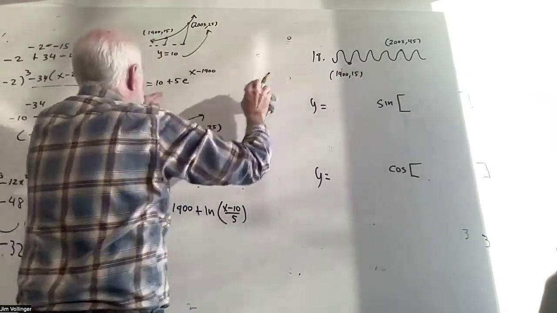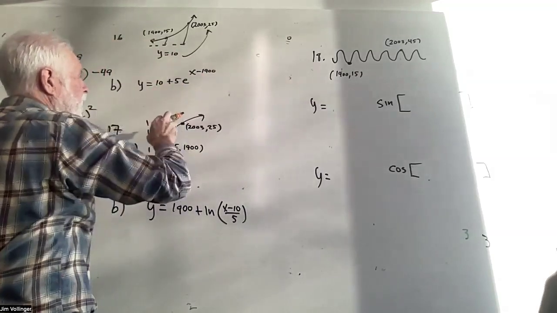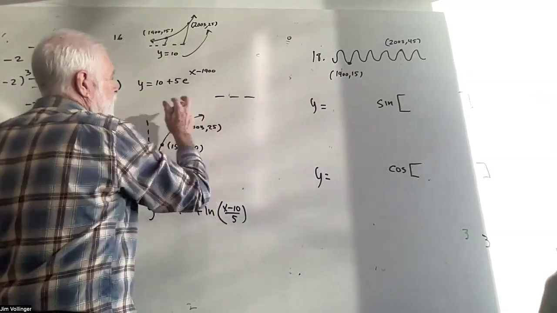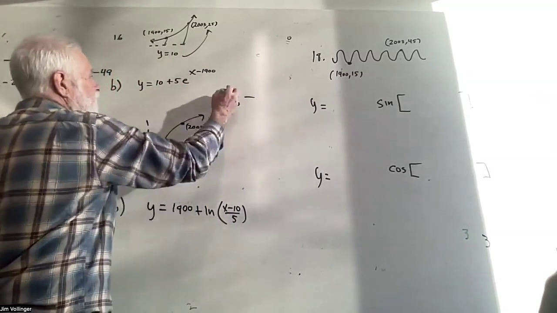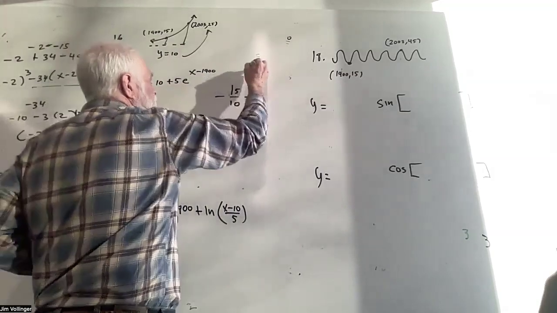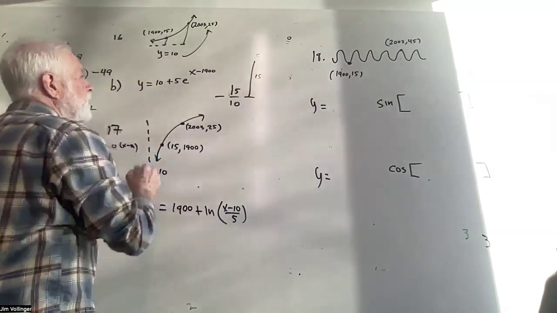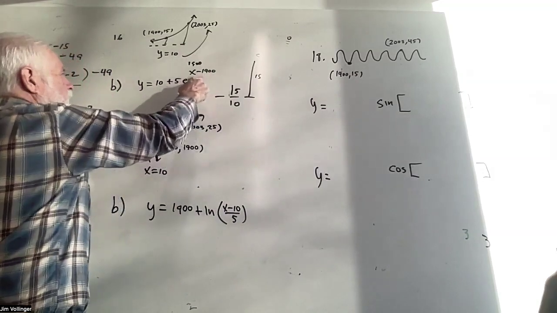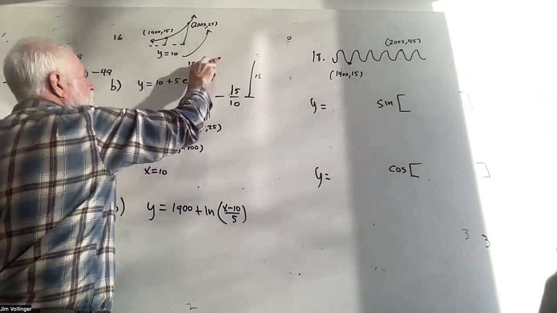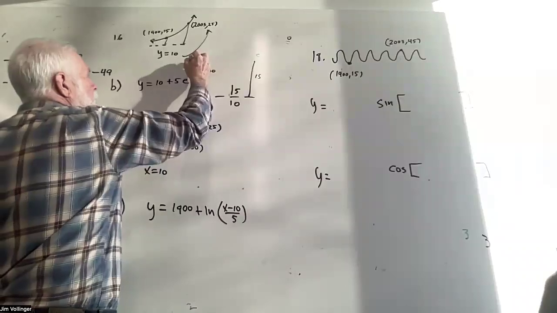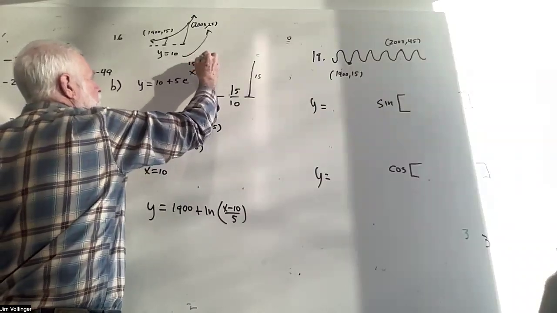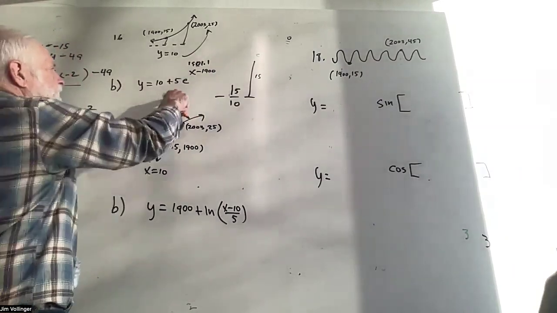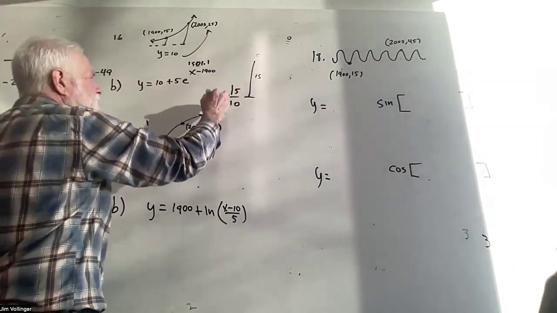Now I'm going to do this one. And this one's going to mimic that one now if I pick the right numbers. So I got y equals 10. I've got a jump of 5. I'm going to make a jump of 15 with the correct number. So 1900 minus 1900, e to the 0, 1, jump of 5. 1901.1 minus 1900, 1.1, e to the 1.1, 3 times 5, 15.